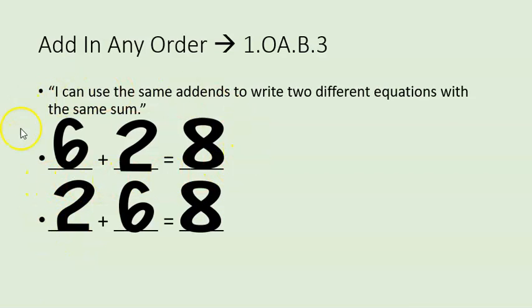So we have our first addition equation and our second addition equation completed. This is what you call add in any order. So 6 plus 2 equals 8. 2 plus 6 equals 8. All we do is switch these numbers when we come to this next second addition equation.